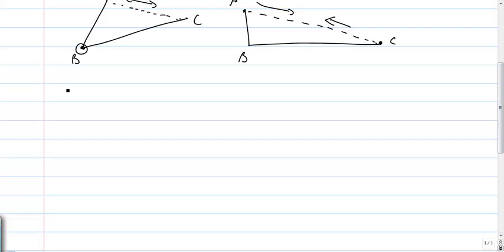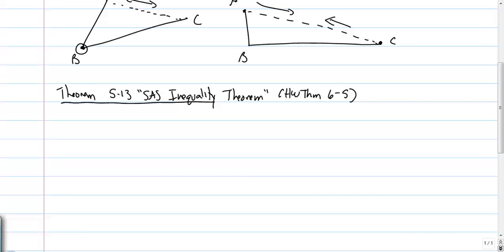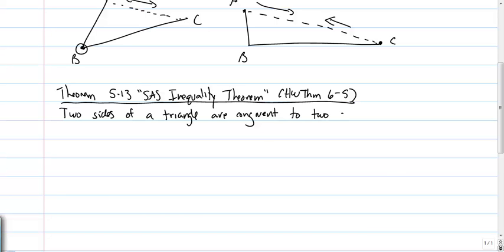The first of these theorems is Theorem 5.13, the SAS inequality theorem, Homework Theorem 6-5, which states that two sides of a triangle are congruent to two sides of another triangle.